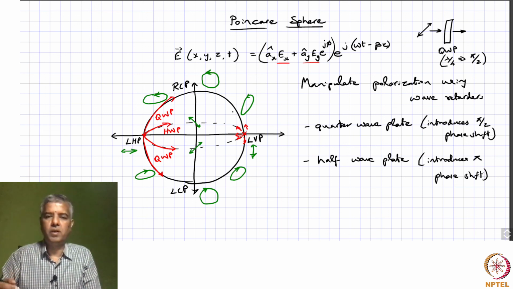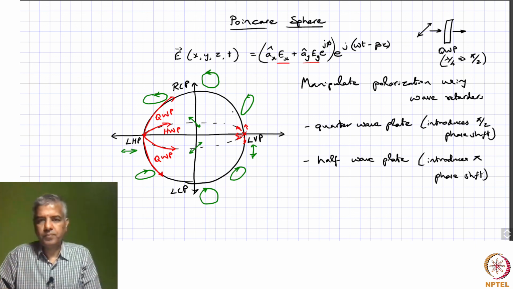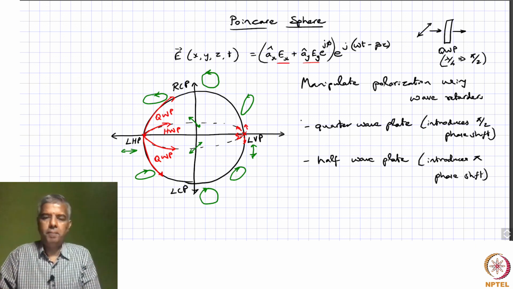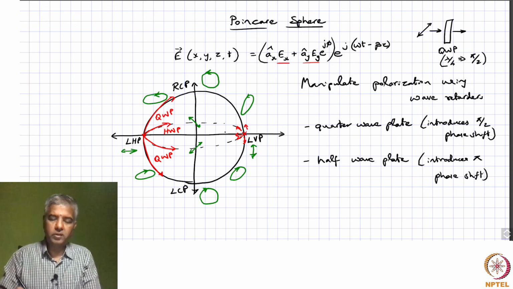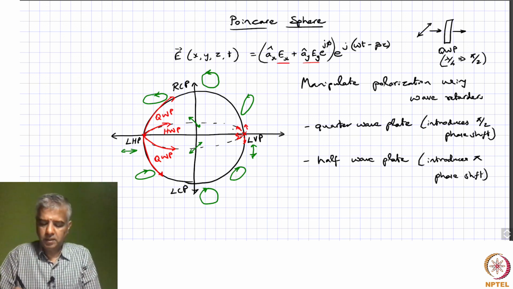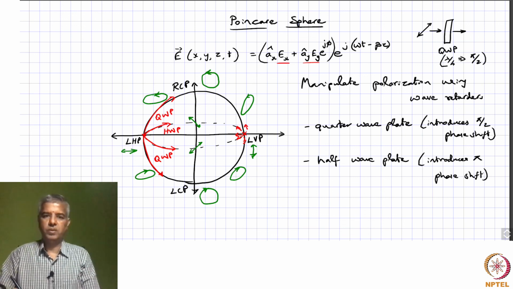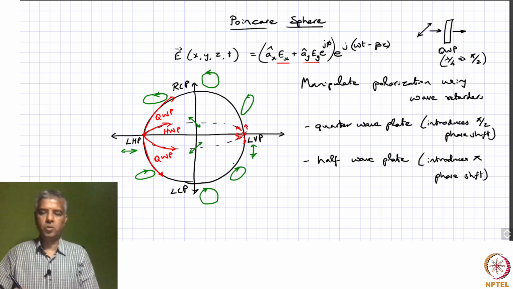The perturbation would have either changed the amplitude. If it's changing the amplitude, then it's only moving along the equator. It remains linear, but it's changing along the equator. But if it has changed the phase between the two polarization components, then it would move out of this equator towards the poles.